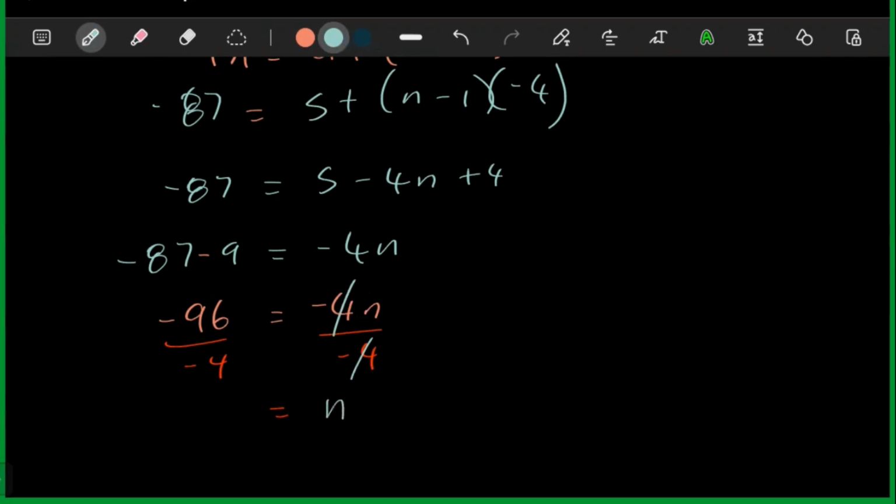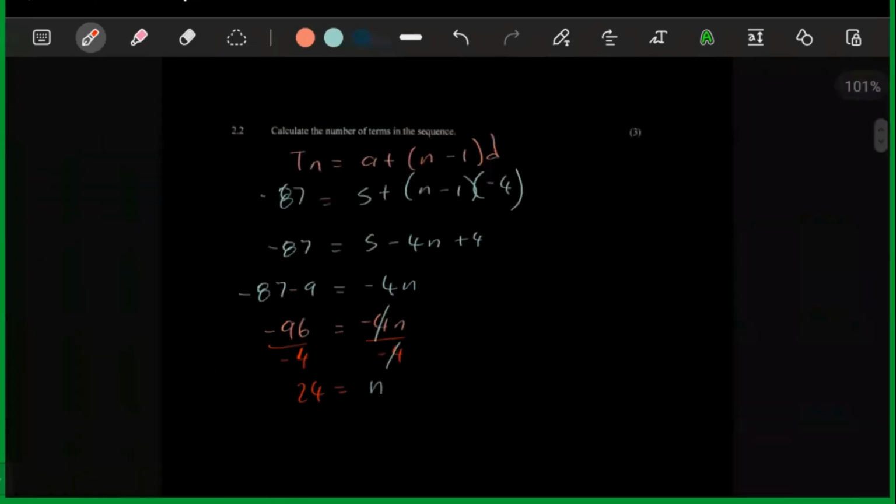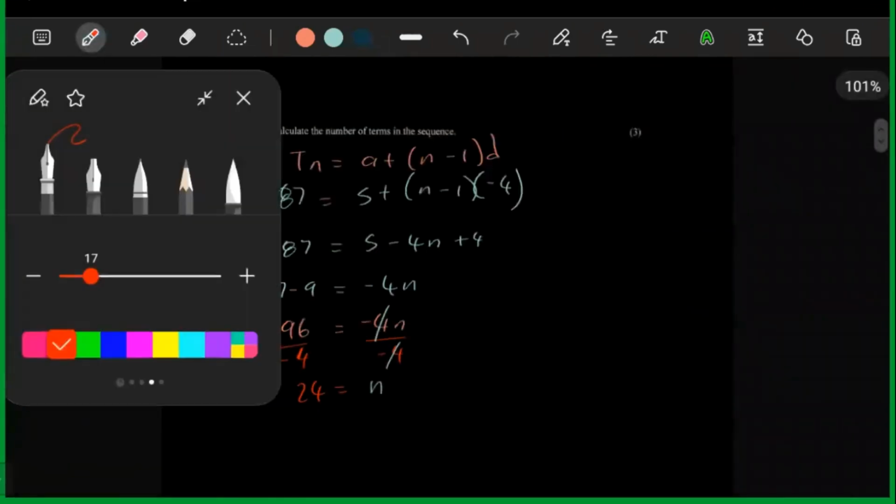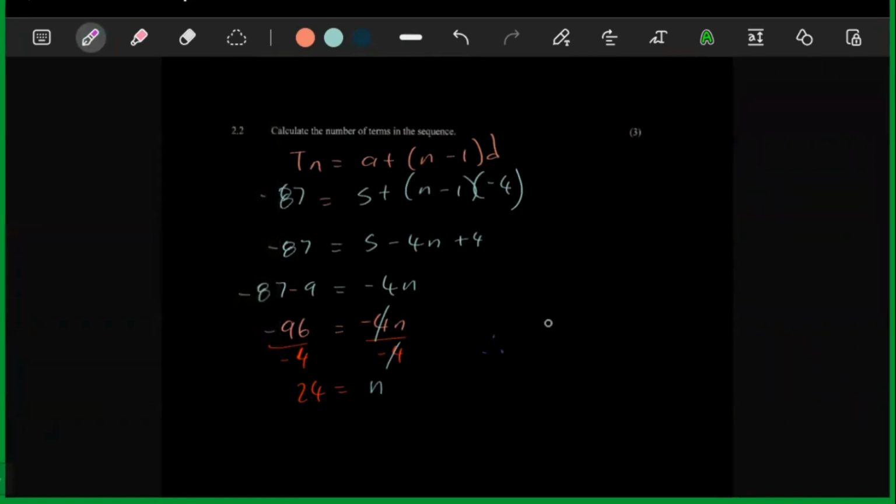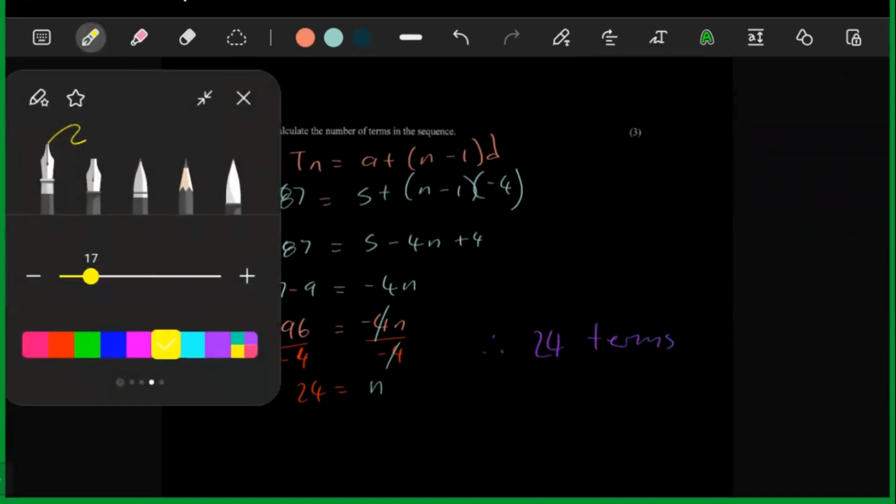Then you have -96 divided by -4, which is 24. So n is equal to 24. Great. So we know that there are 24 terms, because -87 is in position 24.